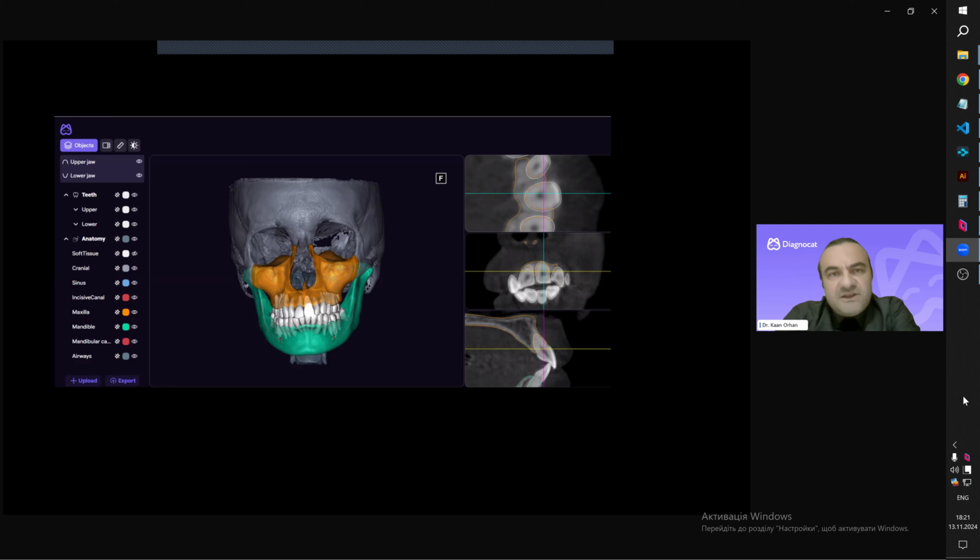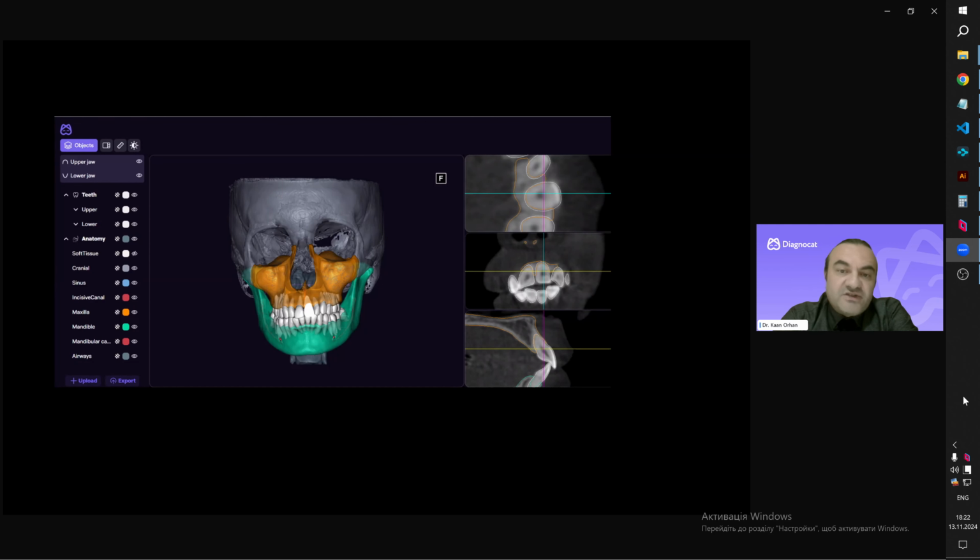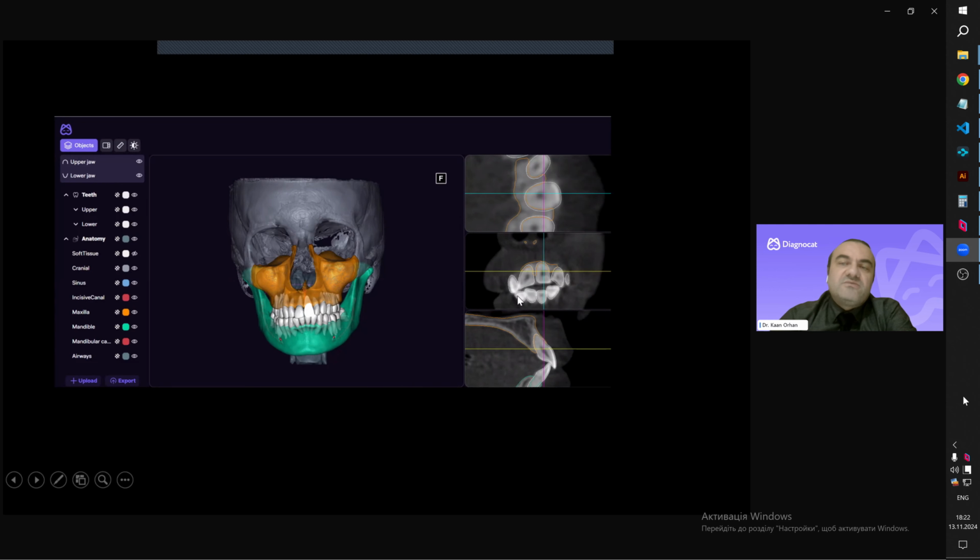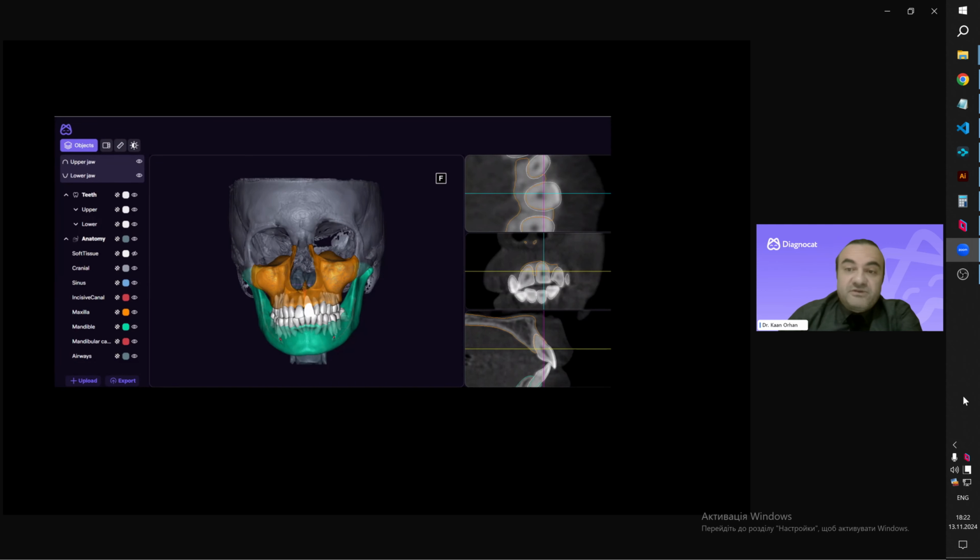The capability in DiagnoCat is not only the segmentation of the 3D bone, but it can give you an MPR image, multiplanar reconstruction, from the axial, sagittal, and cross-section images, which may help you not just in the diagnosis, but also in the treatment of the patients as well.